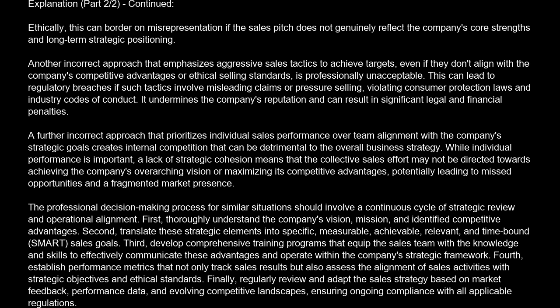Fourth, establish performance metrics that not only track sales results, but also assess the alignment of sales activities with strategic objectives and ethical standards. Finally, regularly review and adapt the sales strategy based on market feedback, performance data, and evolving competitive landscapes, ensuring ongoing compliance with all applicable regulations.